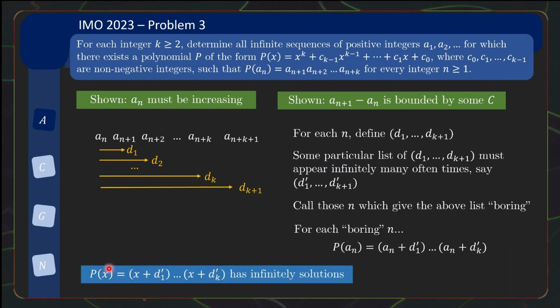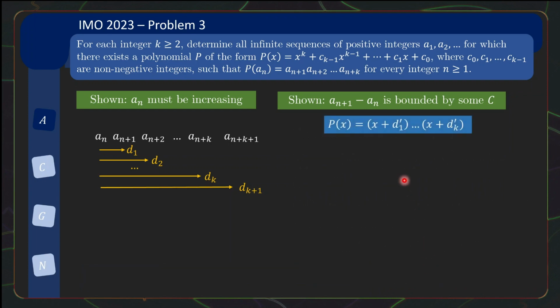This means that if I look at this polynomial expression here, it has infinitely many solutions, because each a_n gives a solution to this polynomial equation, which means that this polynomial must equal the polynomial on the right hand side as polynomials. So we have pretty much forced p(x) to be of this form.